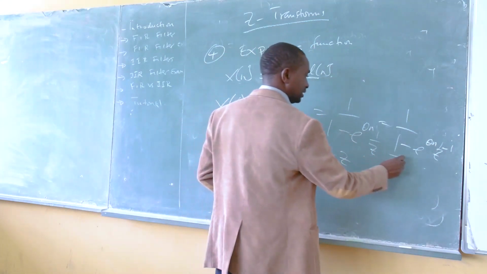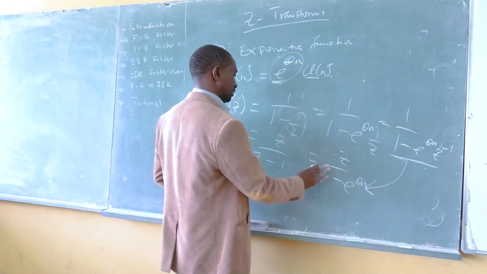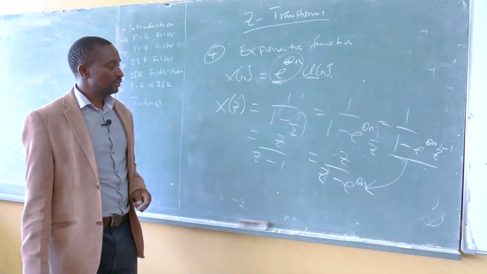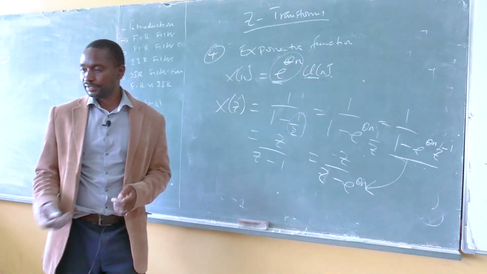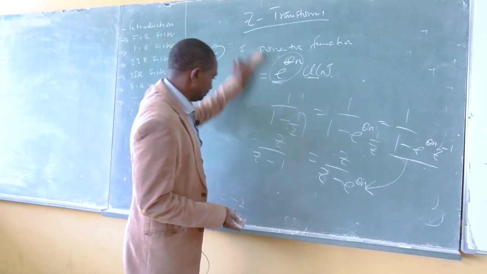So either you get it in this format or in that format, z over z minus e to the power theta. So that's about the exponential function.